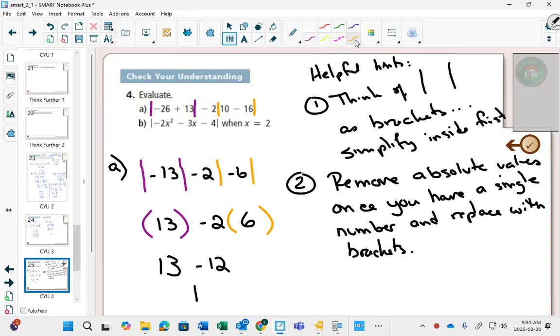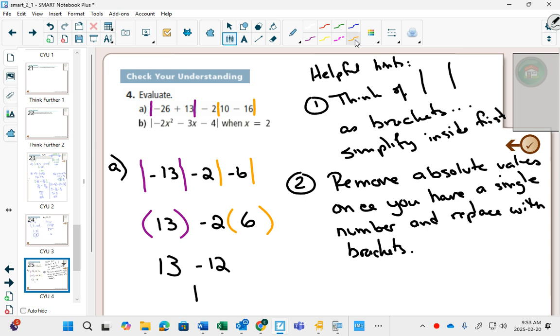So the number one thing that sometimes gets tricky in these is that you can never make things positive early until you have a single number in it. A common mistake is someone says, ooh, I'll just make this a plus 26, or I'll just make this a plus 16 in between, because absolute values make things positive. They do once you have a single number inside.